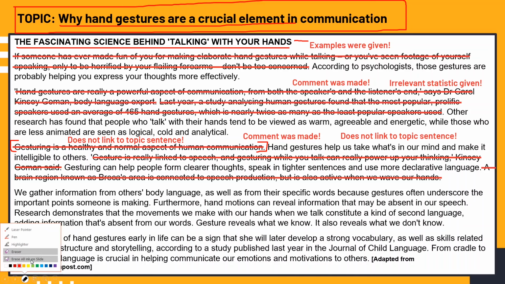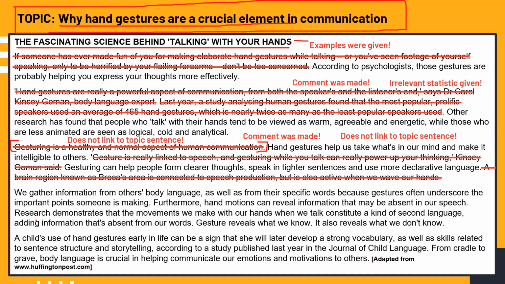Furthermore, hand motions can reveal information that may be absent in our speech. Does this sentence tell us why hand gestures are crucial? Yes, it does, because it says that it can reveal information that may be absent.